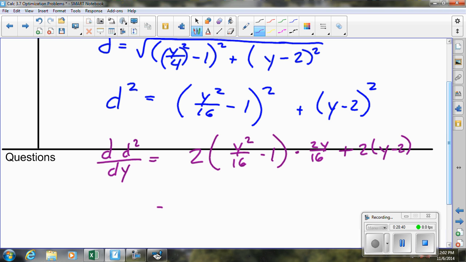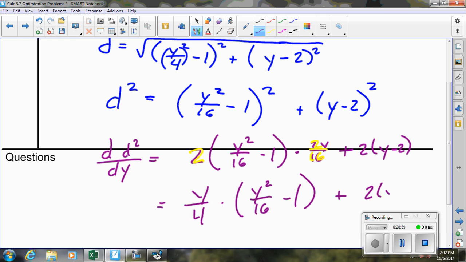And so to simplify this a little bit, we're looking at 2 times 2 over 16. 4 over 16 is going to be just y over 4, times (y squared over 16 minus 1), plus 2y minus 2.